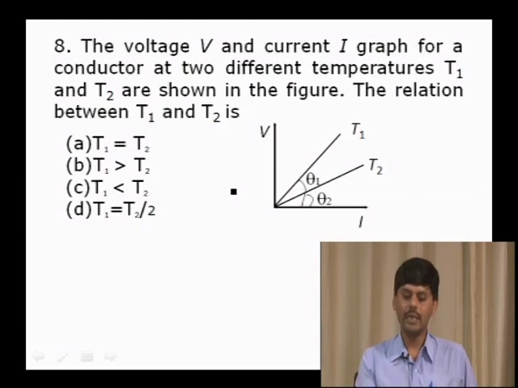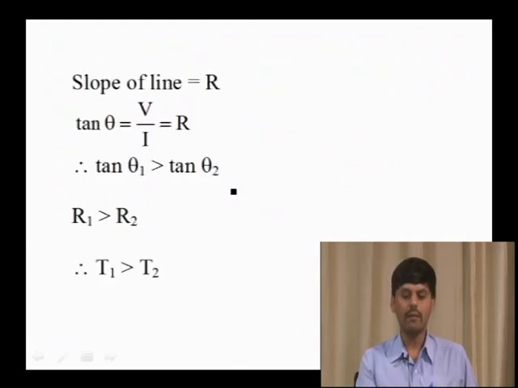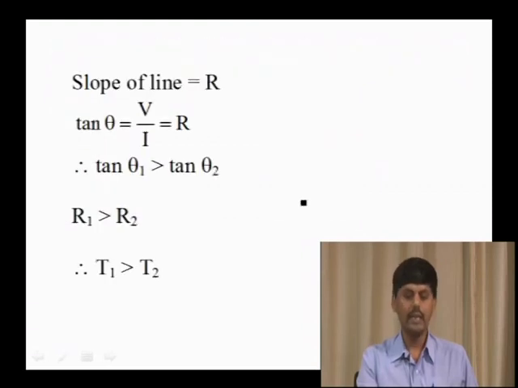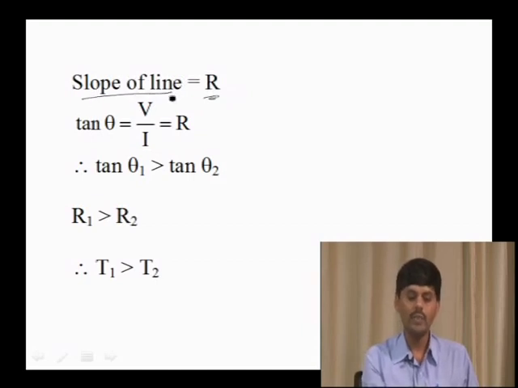From this graph we can calculate the slope of the line, anywhere you can calculate. The slope of the line gives the resistance of the material, which is nothing but tan theta, voltage by current, which gives the resistance.